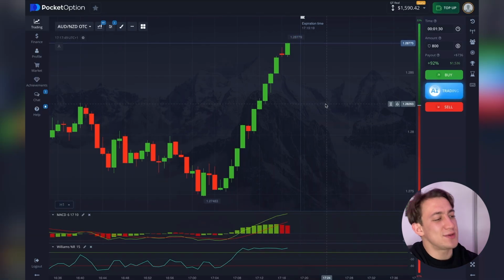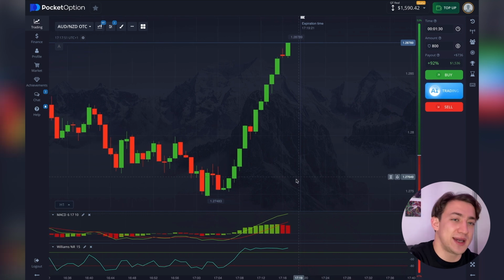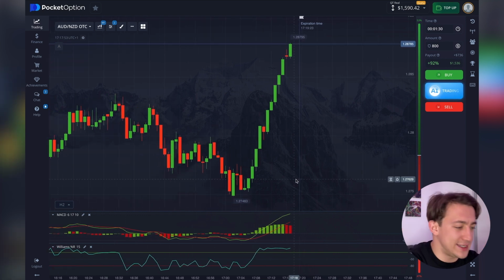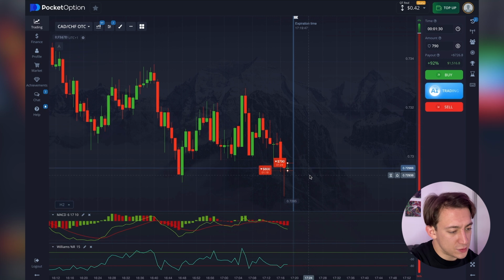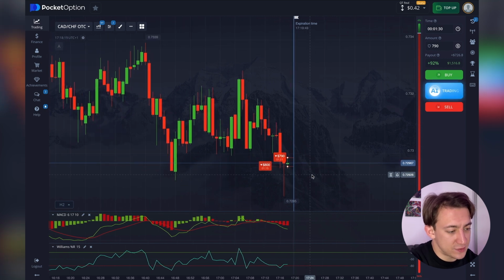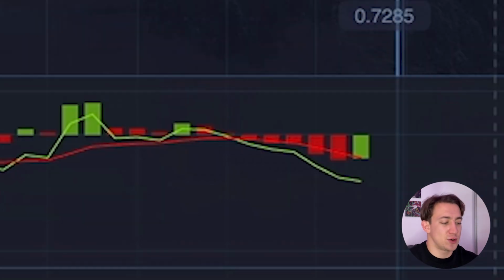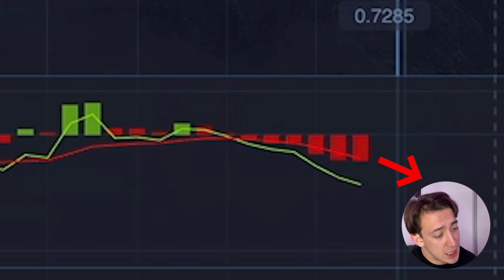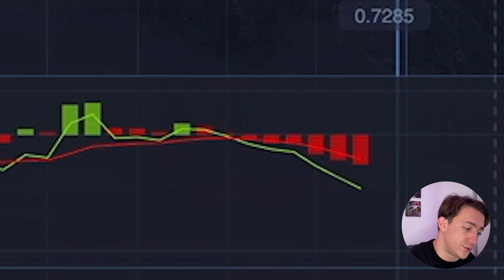Woo, $1,590 on my bank account. Just crazy. I entered a downward position on the currency pair, and let me explain everything in detail. The MACD indicator is showing the intersection of 2 lines directed to a down position, and the candles line to the down zone. It's really good for us.